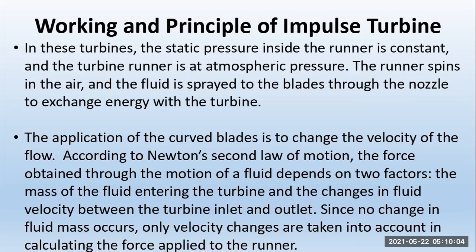The application of the curved blades is to change the velocity of the flow. According to Newton's second law of motion, the force obtained through the motion of a fluid depends on two factors: the mass of the fluid entering the turbine and the change in fluid velocity between the turbine inlet and outlet. Since no change in fluid mass occurs, only velocity changes are taken into account in calculating the force applied to the runner.